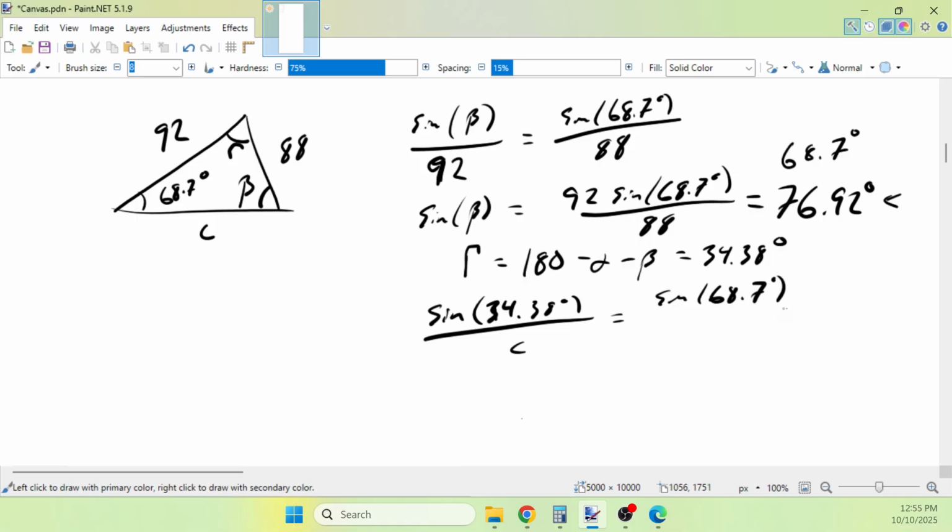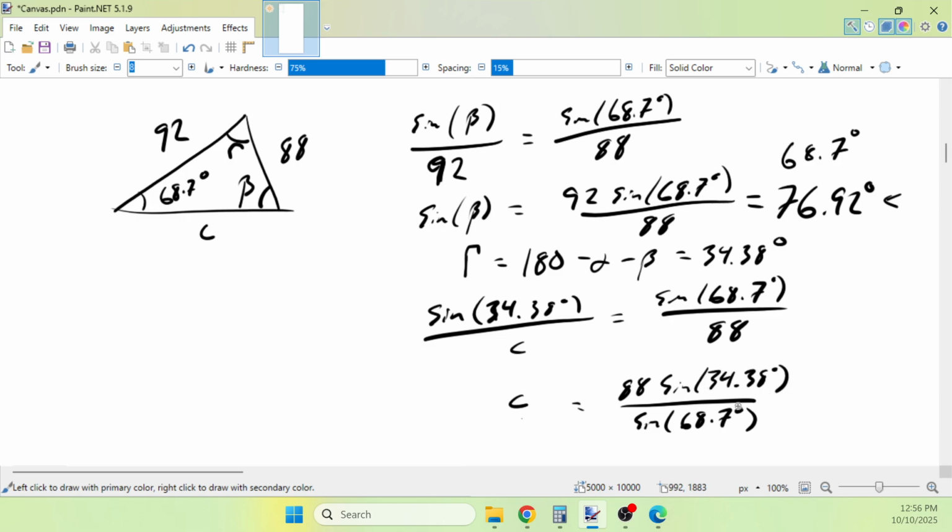Solving for C gives us C. Flip it over, top, bottom, sine up.